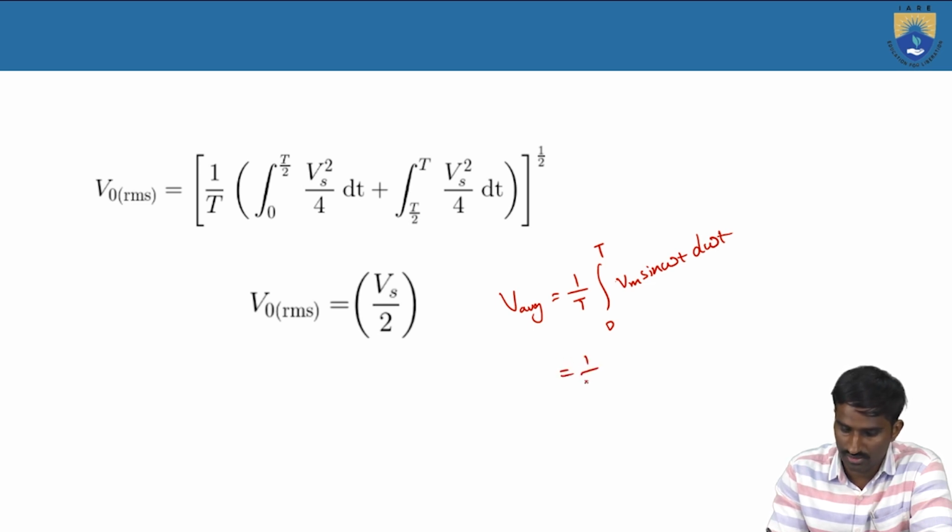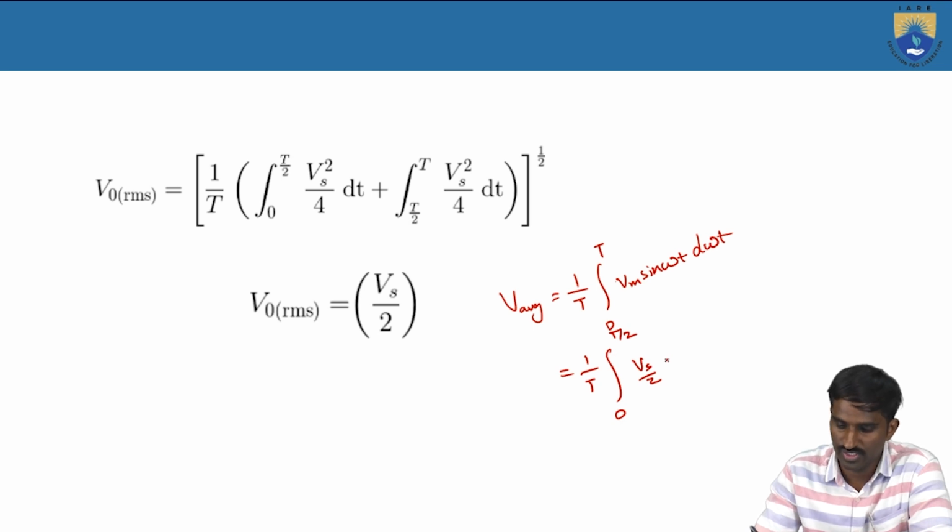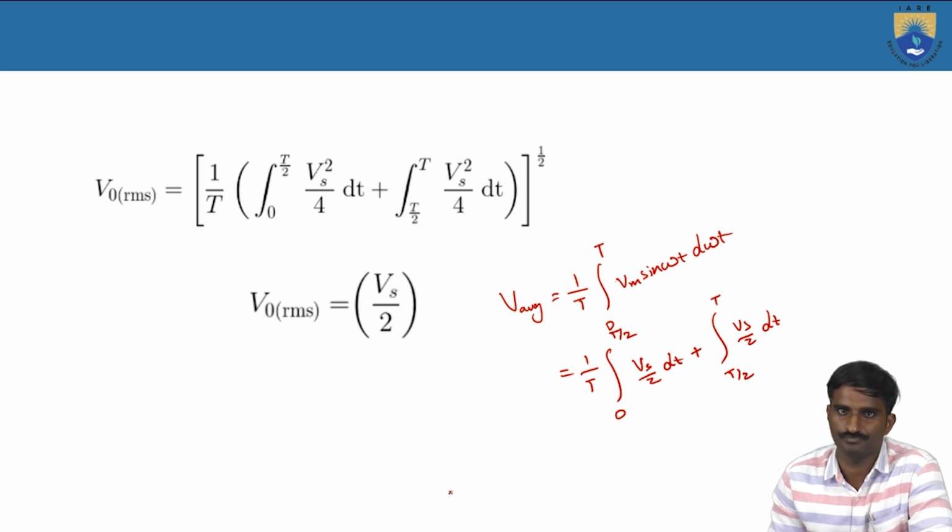Here also the total time period is T, and we are having two functions, but in the two functions the shape of the waveform is the same, symmetrical. So here 0 to T by 2, Vs by 2, the maximum magnitude we have considered, into dt, plus T by 2 to T again Vs by 2 into dt. This is the average value.